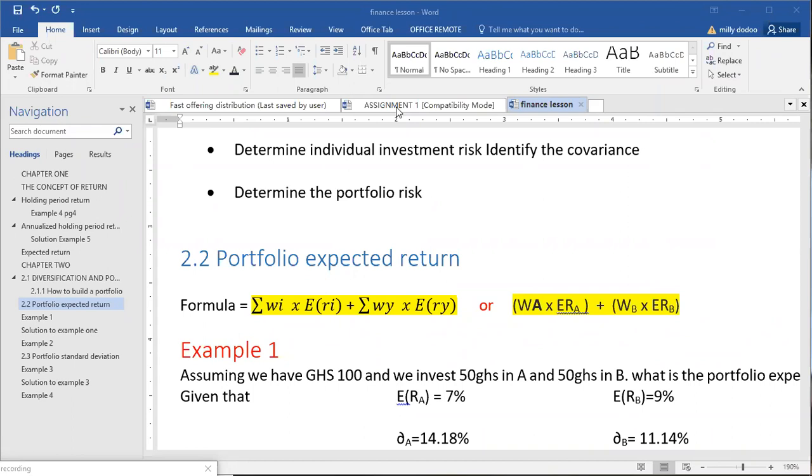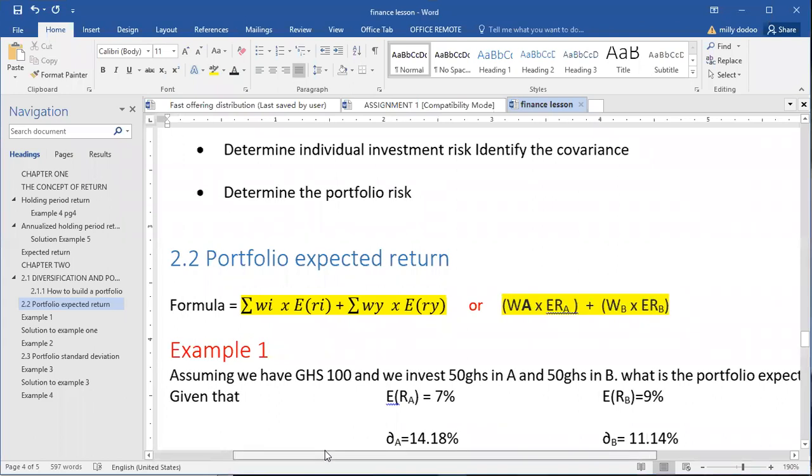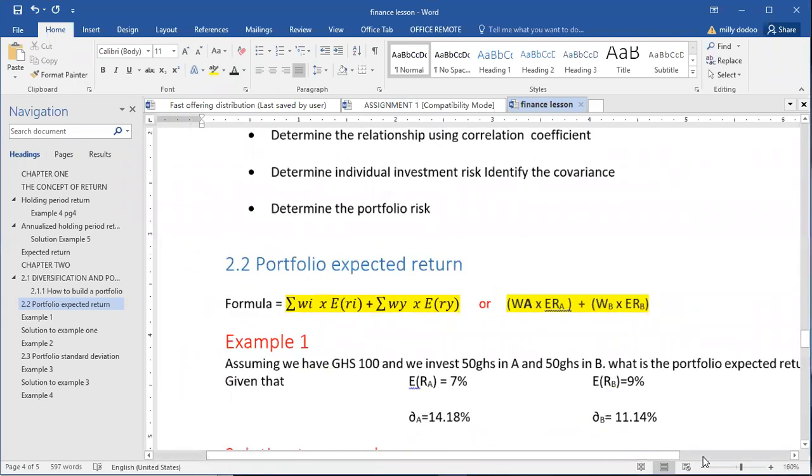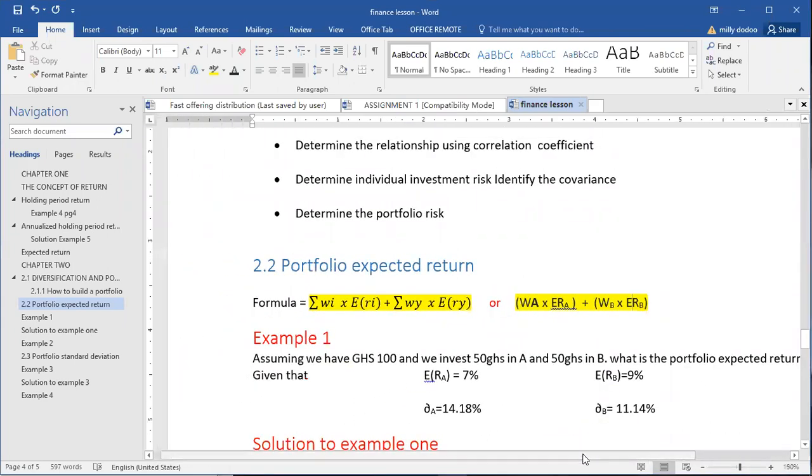here. Now, assuming that we have 100 Ghana cedis and we want to invest 50 Ghana cedis in investment A and then 50 Ghana cedis in investment B. Now, the question is, what is the portfolio expected return on this particular investment?